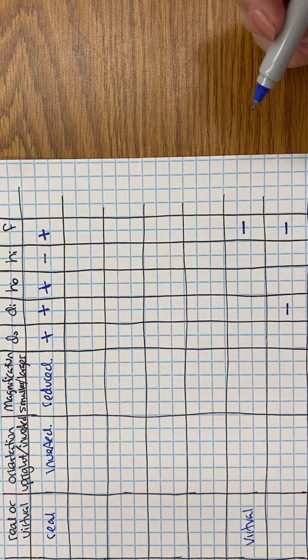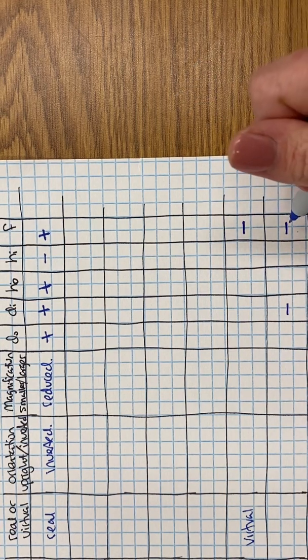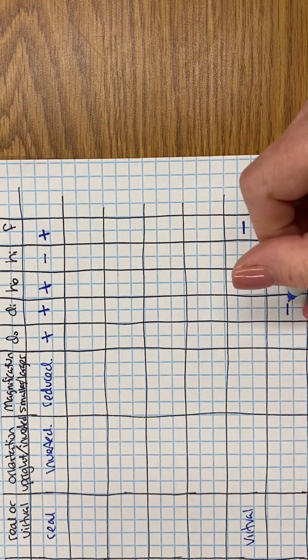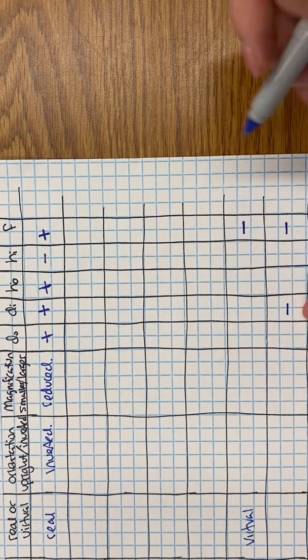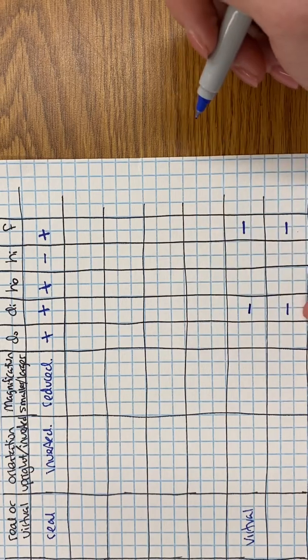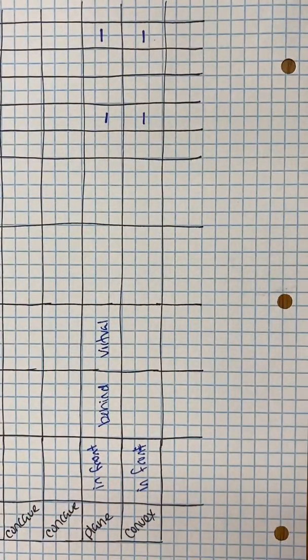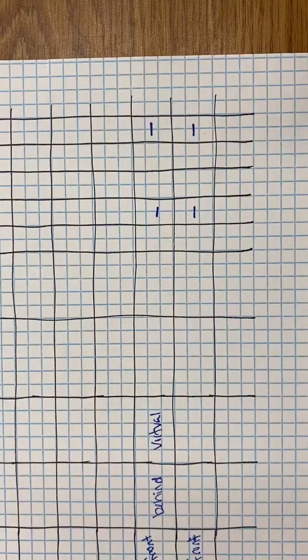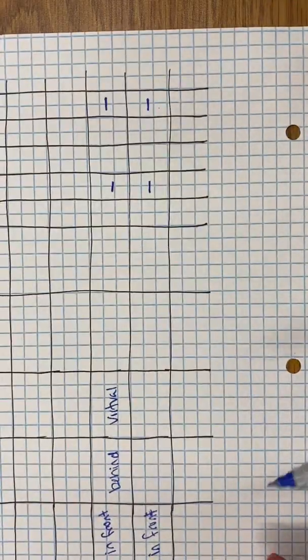So even if it doesn't say negative in the word problem, you have to identify it as negative because it's the image formed in a convex mirror. For plane mirrors, the image is behind the mirror, so it's also going to be negative. We didn't do any math for plane mirrors because the height is the same and the distance is the same, so there's no real equation to use for plane mirrors.